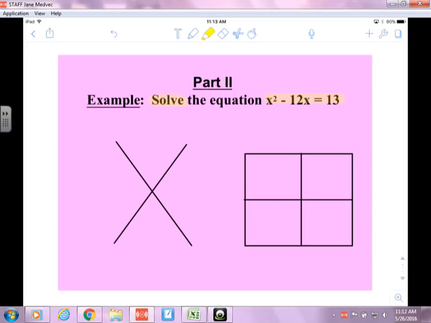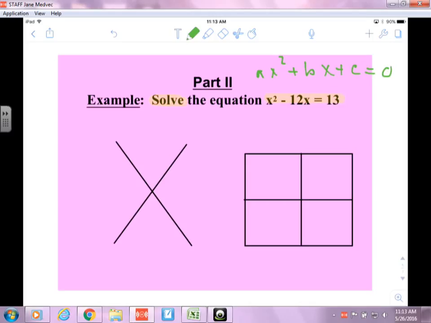Now remember, with standard form, all my stuff is to one side, and my A term has to be positive. And if you remember, that equation was ax squared plus bx plus c equals 0. That was the standard form.